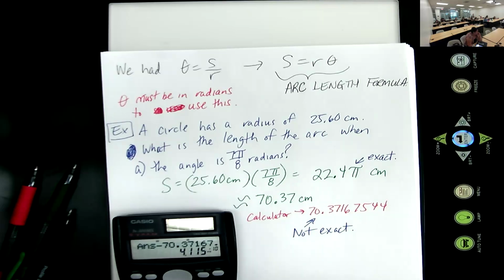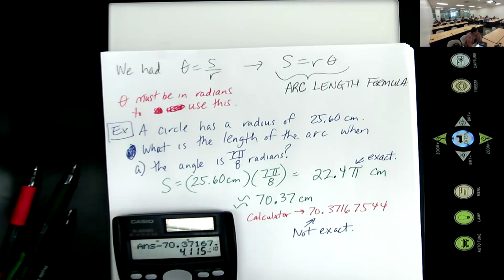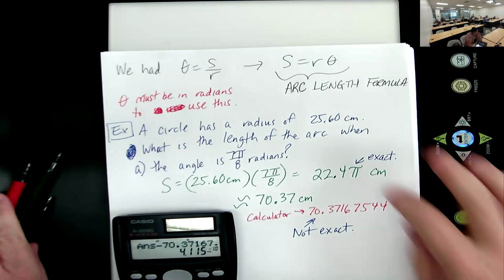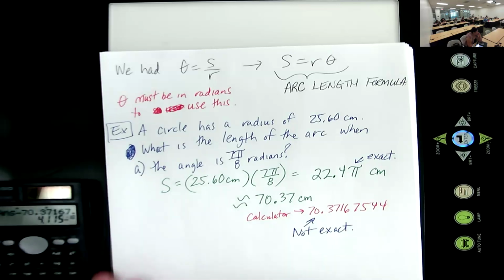Some apps will show you 20 or 30 decimal places, but they're still rounding when it runs out of room to show you what it is. So the exact one has something like a pi in it, or, like on the test, leaving it as 100 times the tangent of the angle. Leaving it in terms of the trig function would be exact.